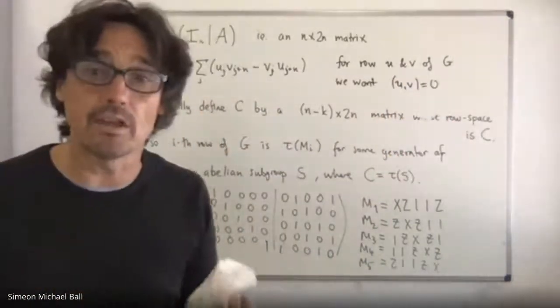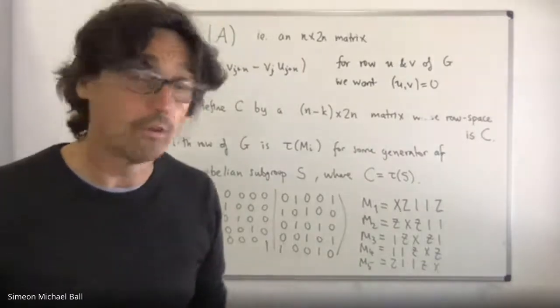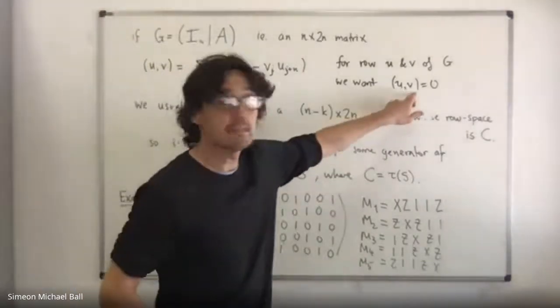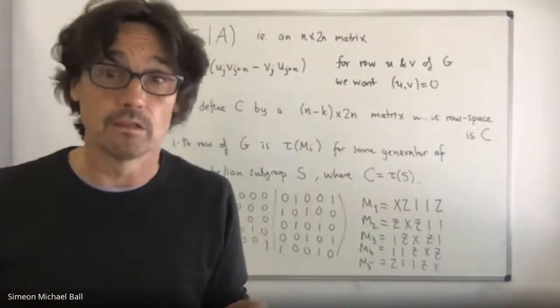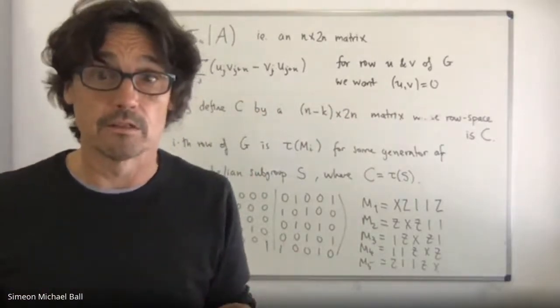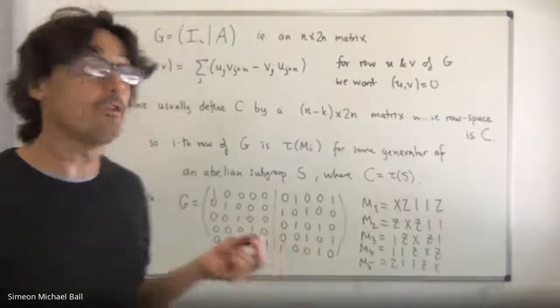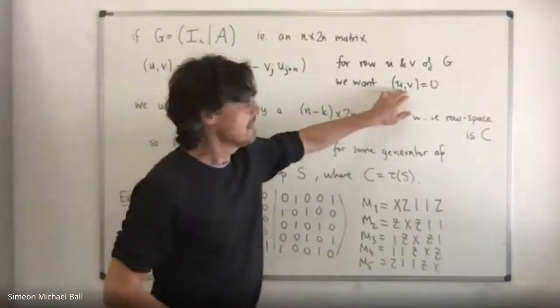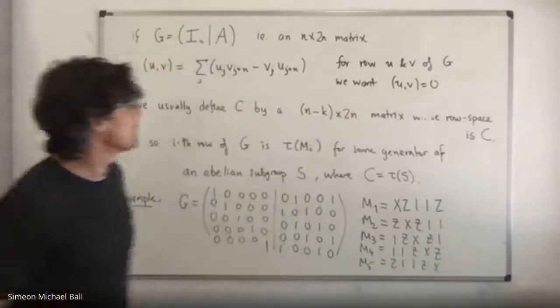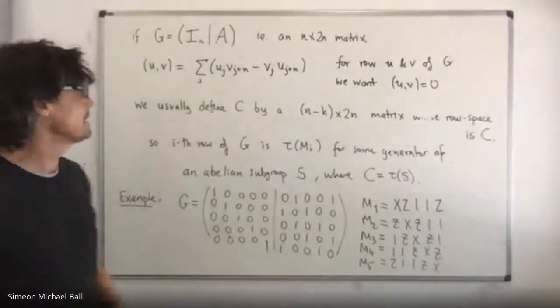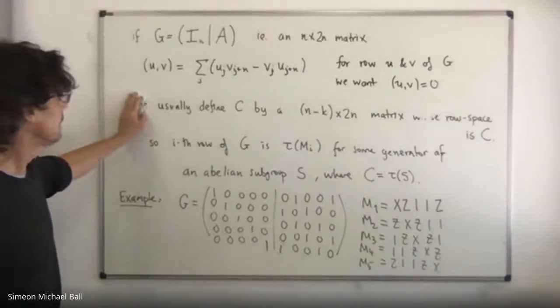Once we have that any two rows are orthogonal with respect to this symplectic form, then any linear combination of the rows will be 0 with respect to this form. So any two vectors in C, the row space of this matrix, will have this property. Okay, so that's what we want.